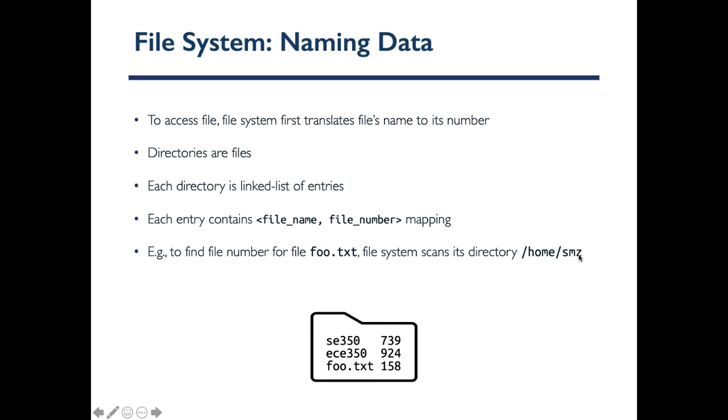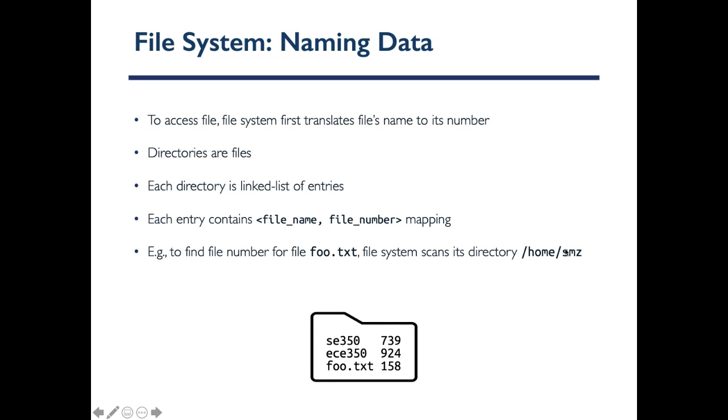Hopefully what I will see there is foo.txt, and I can find a file number for this file. In addition, I might actually have 2 other folders here. I might have this SE350 folder, or another directory, or ECE350 directory. So these 2 also have file numbers.